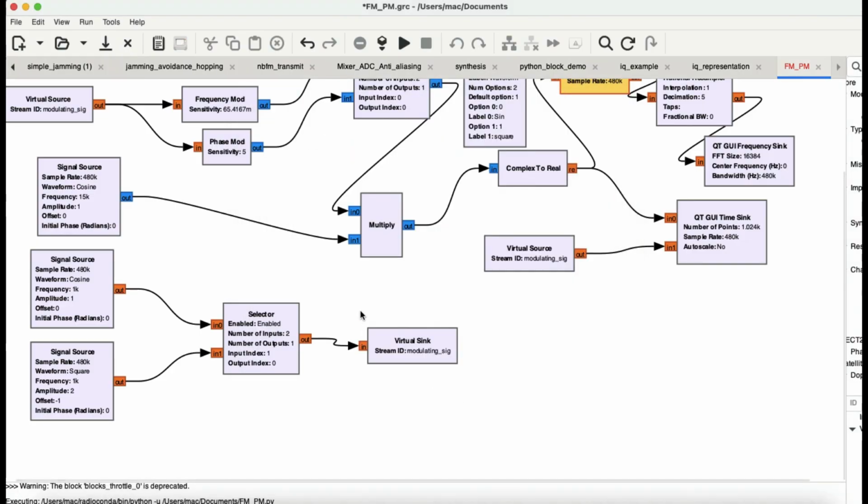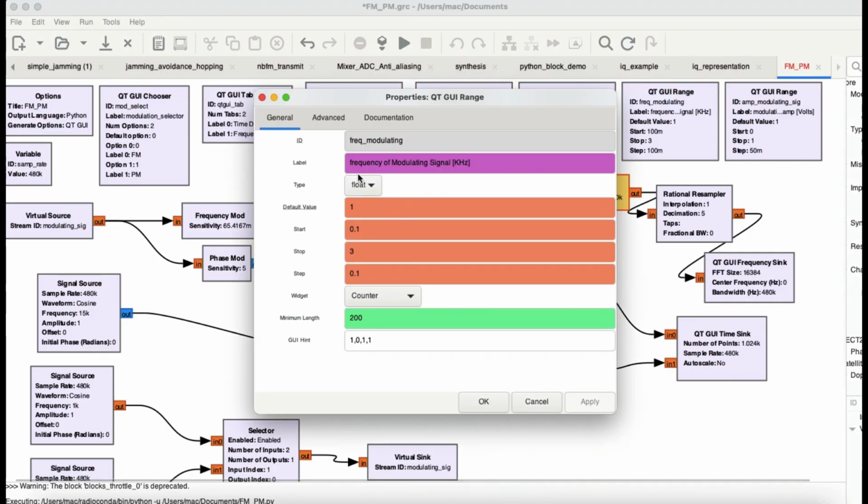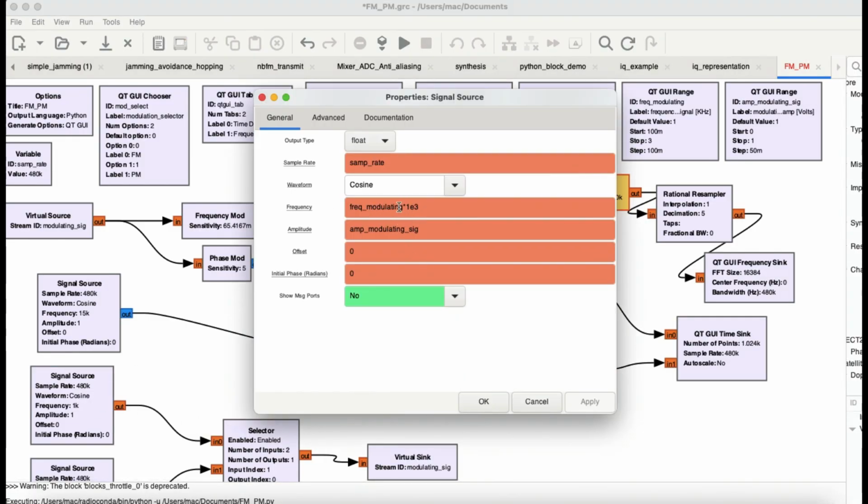Let me show you both of these sliders here. This is going to be your frequency modulating block. This will give me the frequency in terms of kilohertz, whatever that number is. For example, the default value is 1, and 1 is being multiplied by 1 times e to the 3, so it will give me 1 kilohertz, and it can give me up to 3 kilohertz of signal, as you can clearly see here.